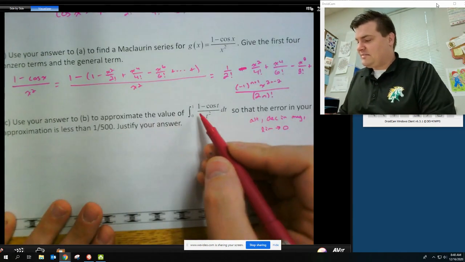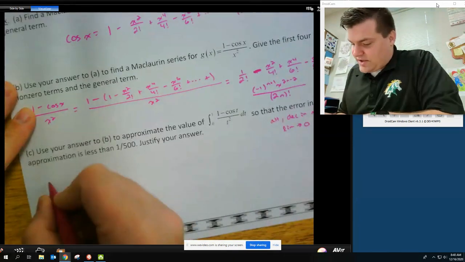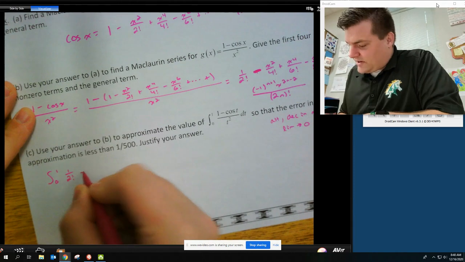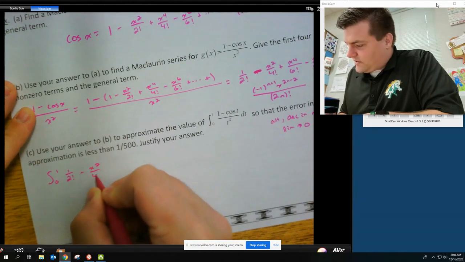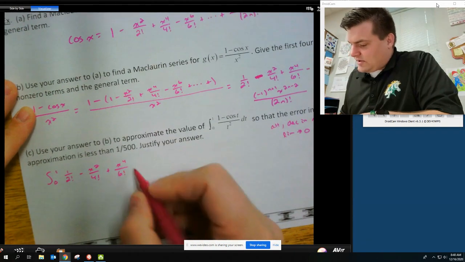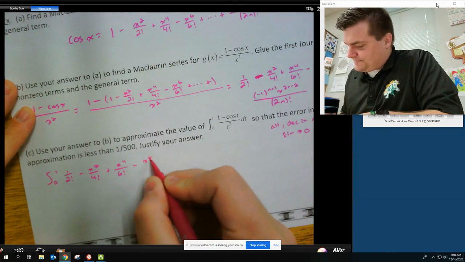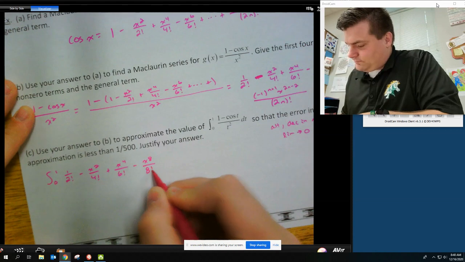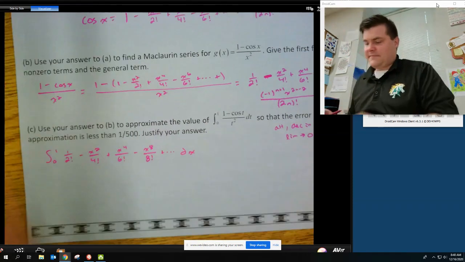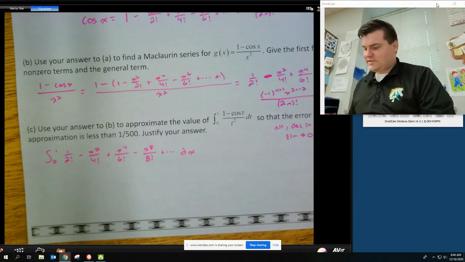So the exact same thing that we just did before is we're going to integrate from 0 to 1 of 1 over 2 factorial minus x squared over 4 factorial plus x to the 4th over 6 factorial. I think this is enough terms. Should I use t's? I probably should use t's.